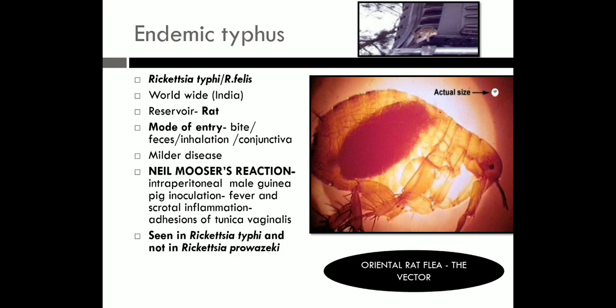The reservoir of endemic typhus is usually rodents, which is your rat, chiefly Rattus rattus and Rattus norvegicus species. There are also other fleas called Ctenocephalides felis. This flea is maintained by the reservoirs called opossums, which are usually seen in Texas and California. The rat flea is also called Xenopsylla cheopis.